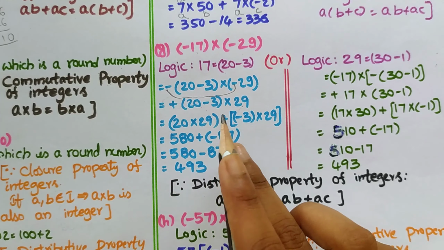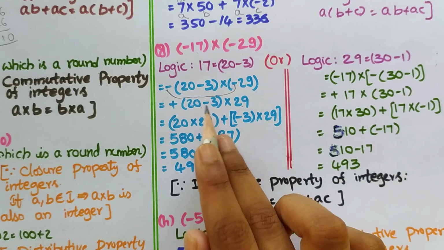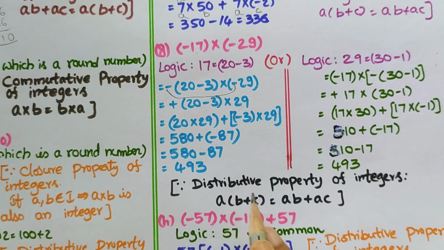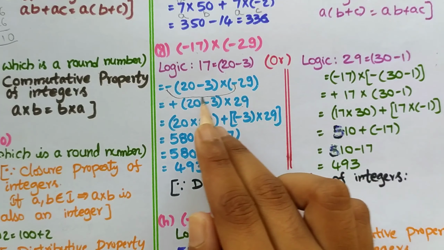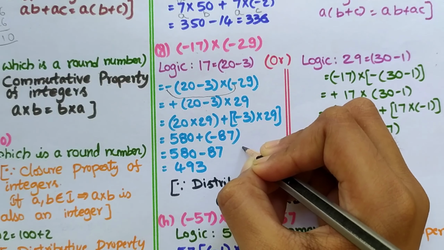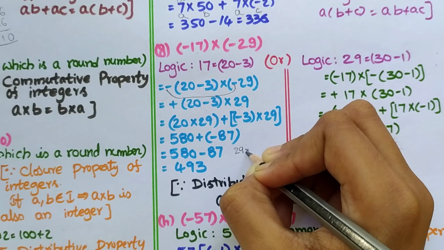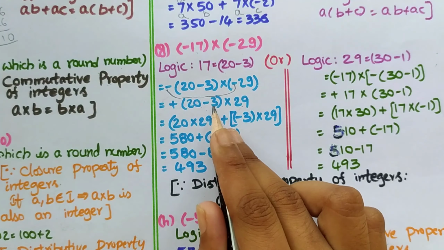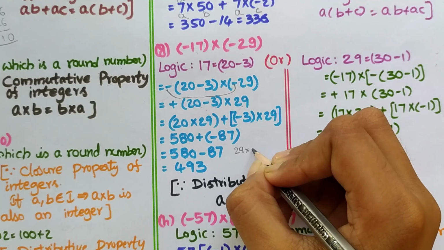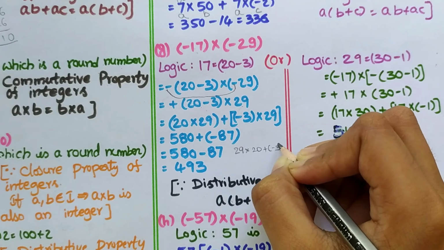Now this is in the form of A into B minus C, but as we are using the distributive property, we want A into B plus C. Now here we can change this: 29 is A, so 29 into 20 minus 3 can be changed as 20 plus of minus 3.